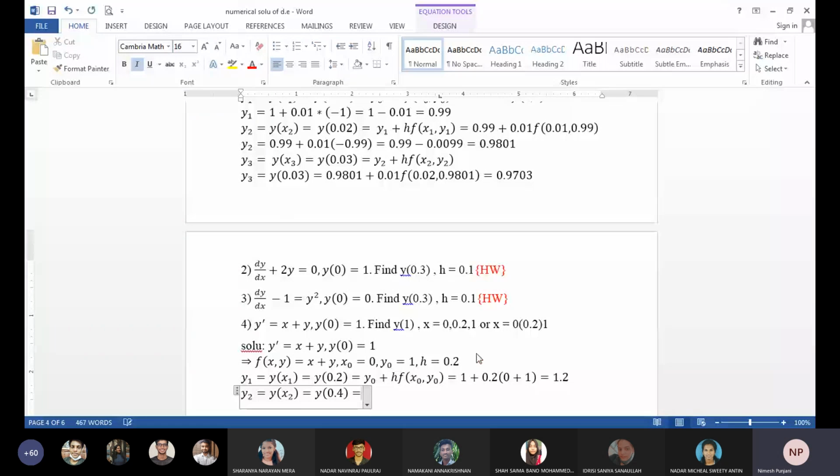It will be y1 plus h into f of x1 comma y1. So how much is y1? y1 is 1.2, h is 0.2, f of x1 y1.